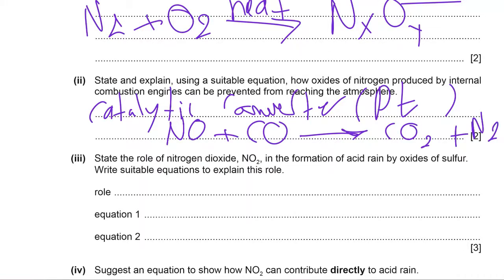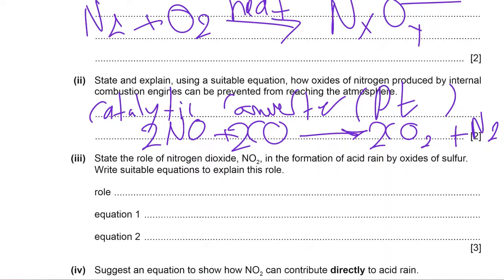So let's balance this equation. Here you have 2 and 4 with 2, so 2 here. So in the presence of the catalytic converter, you will react the oxide of nitrogen which is formed with carbon monoxide, so you will convert both of them into carbon dioxide and nitrogen. Then you will let them reach the atmosphere.